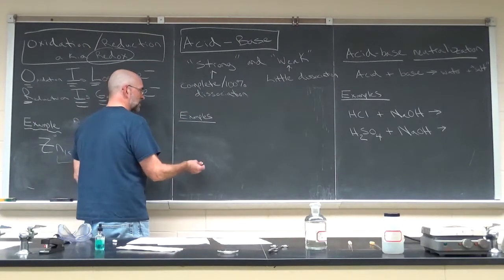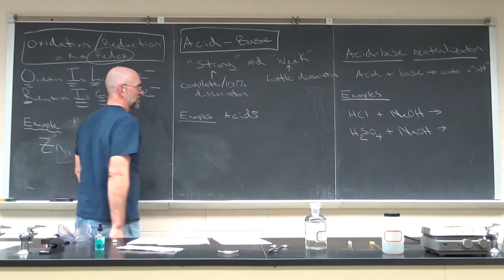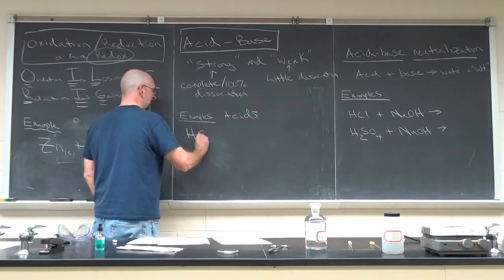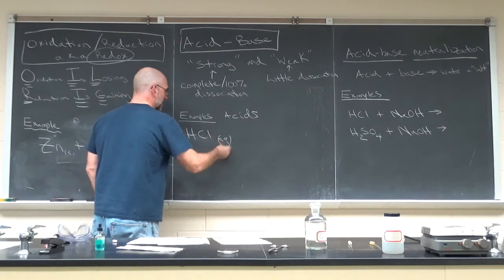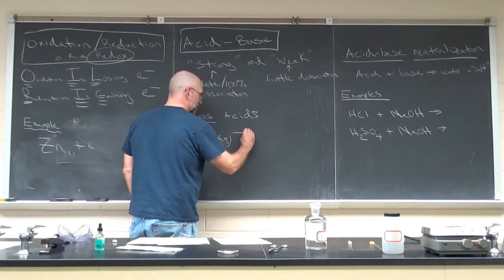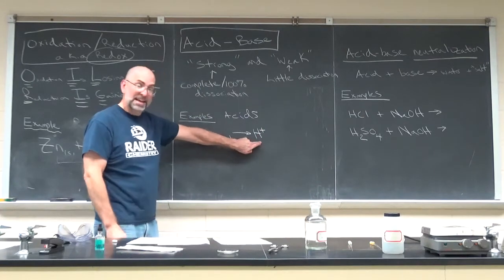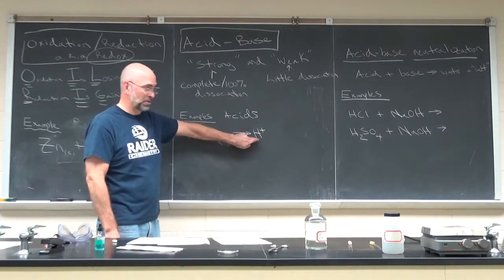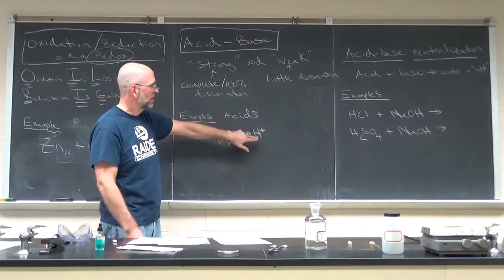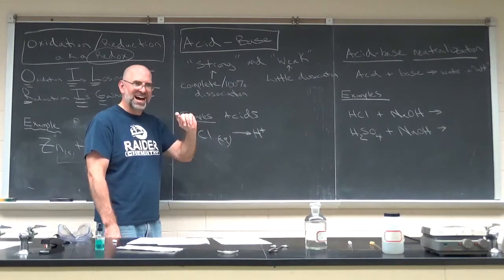So for the examples, I'll do acids. HCl, hydrochloric acid, is the classic strong acid. When you put this into water, you get H plus. That's what makes something an acid, by the way, that it produces H plus in water. I'm not going through all the definitions. What produces a base in water? OH minus, hydroxide ions.